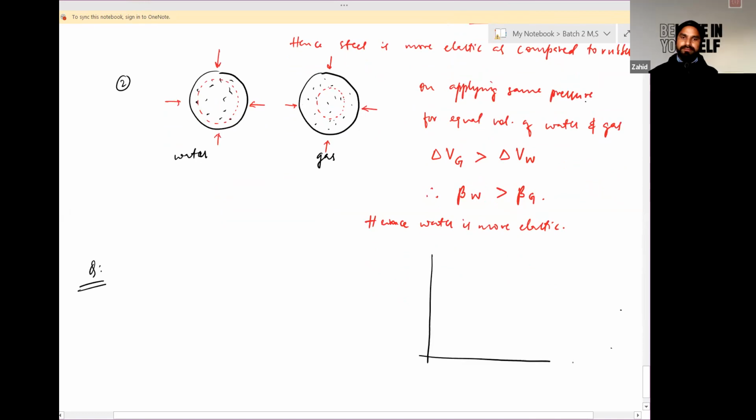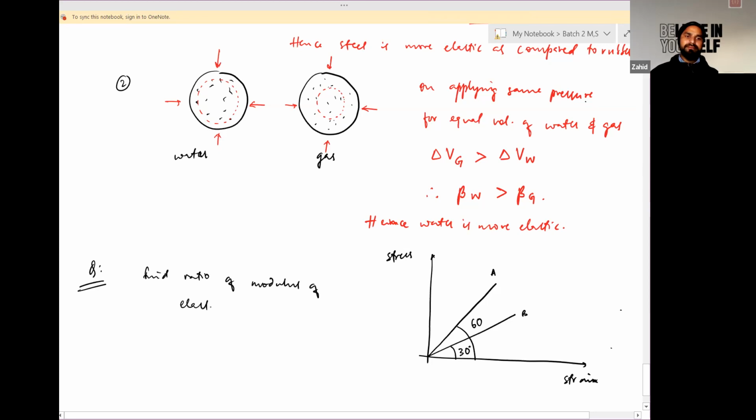Suppose you have stress versus strain, and there are two different materials, first is A and second is B, for which the inclinations are 30 degrees and 60 degrees. Find the ratio of modulus of elasticity for the two.